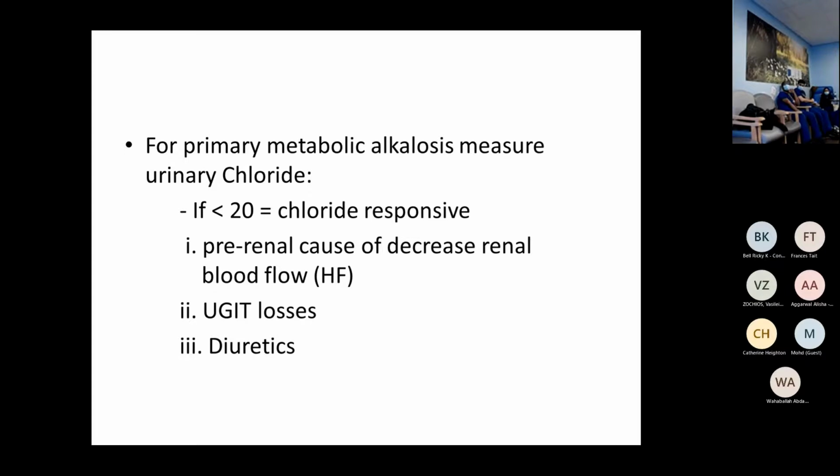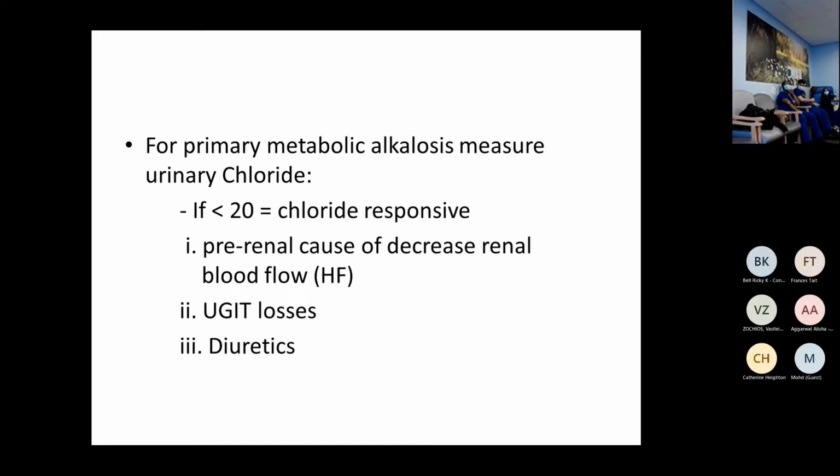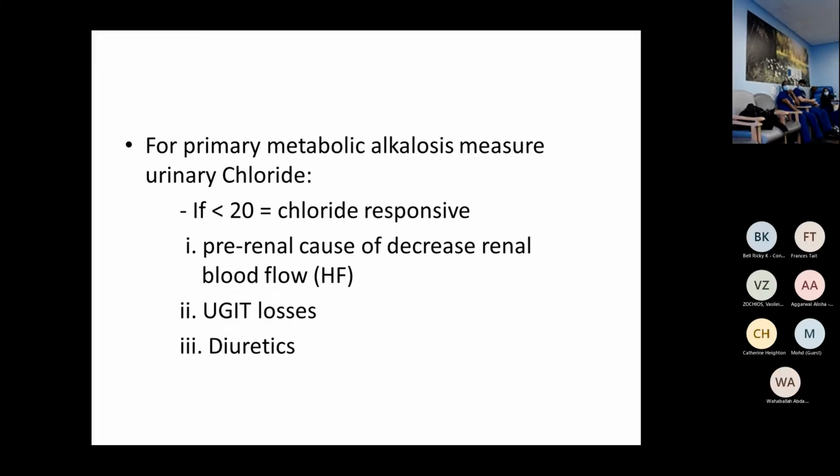So for primary metabolic alkalosis, if you measure the urinary chloride and it's low, that suggests, this is my simple thinking, the kidneys are holding on to chloride. Therefore, that would represent probably a total low body chloride. And if the kidneys are underperfused, you'll have a secondary hyperaldosteronism effect with low renal blood flow.